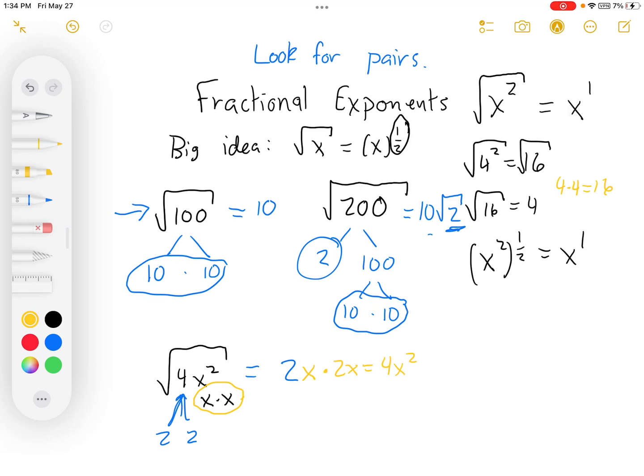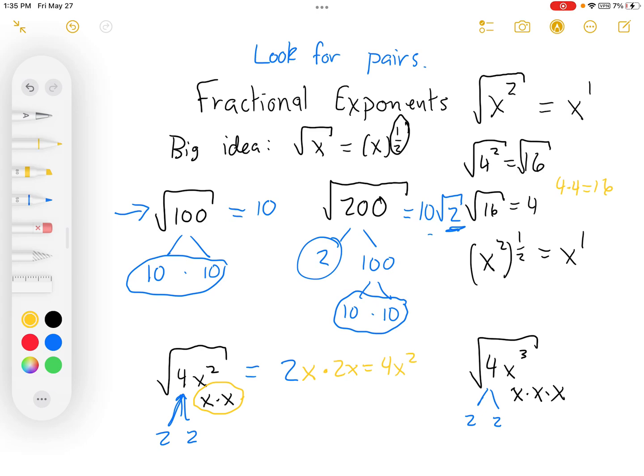But what if we had something like 4x to the third? Well, once again, we could split the number down into 2 different parts. 4 becomes 2 times 2. And we could write our x's as x times x times x. I've broken this down to its most simple components that I can.